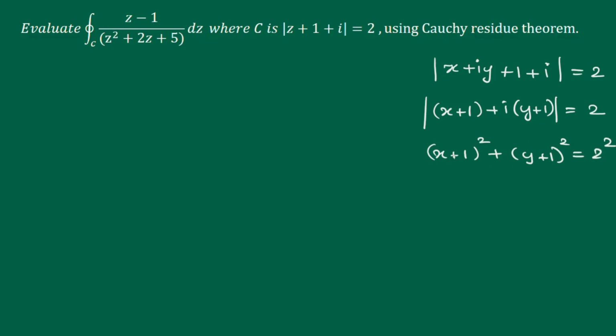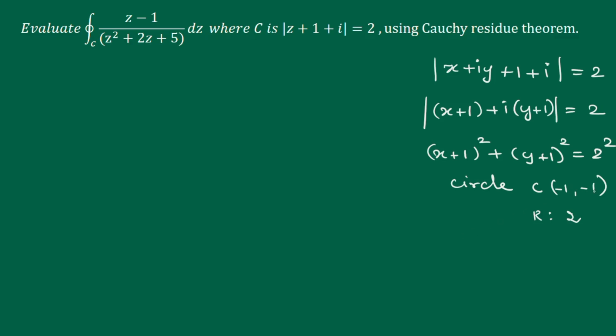If we see this equation, it is the equation of a circle with center (minus 1, minus 1) and radius 2.